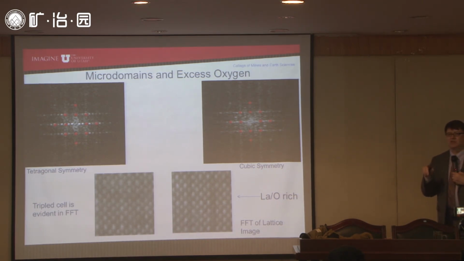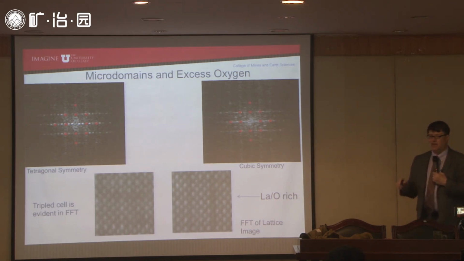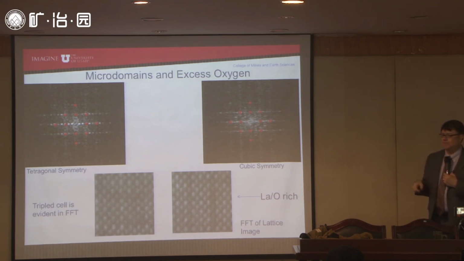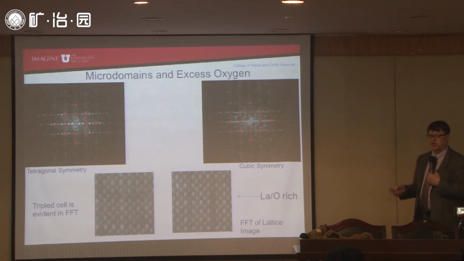But what you can do is get a high resolution image like this, and from fast Fourier transform techniques, you can take an image like this and create a diffraction pattern. This is not a traditional diffraction pattern that you would get within a TEM. It is a diffraction pattern that is mathematically generated from the spots that you see in a high resolution TEM image.